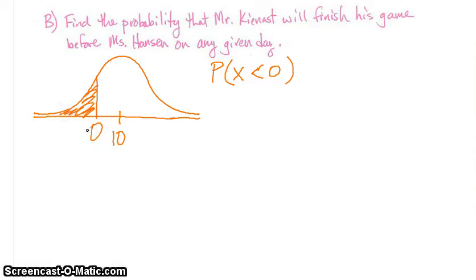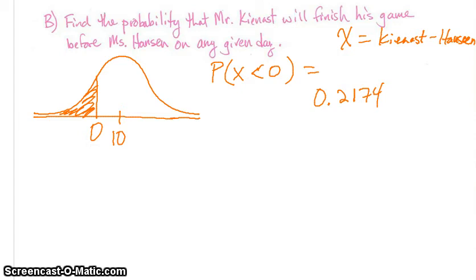We use our normal CDF. We might want to define this as Keenest minus Hanson. That would help us out, right? And if we use that, we should get 0.2174.